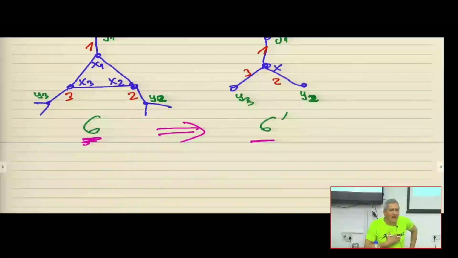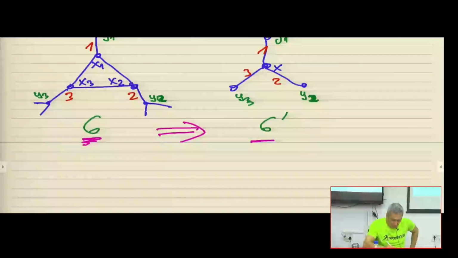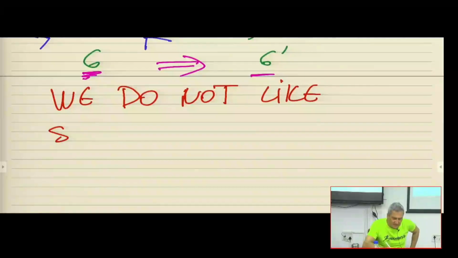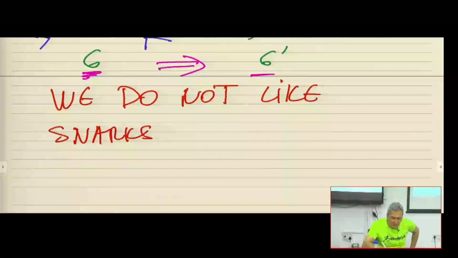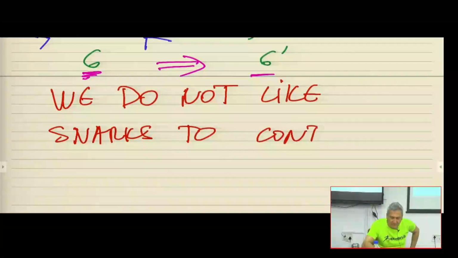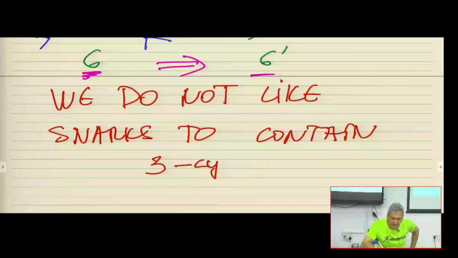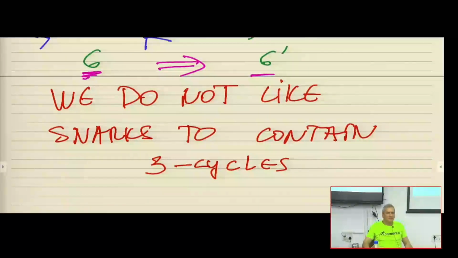So we don't like our snark to have 3-cycles. After this, we do not like snarks to contain 3-cycles or triangles, yes.